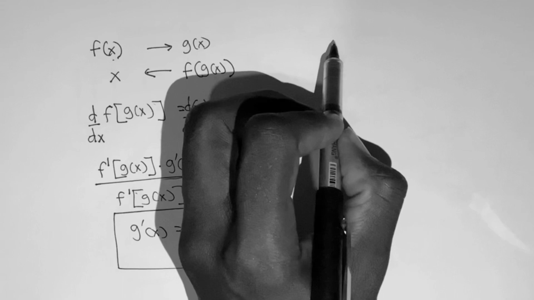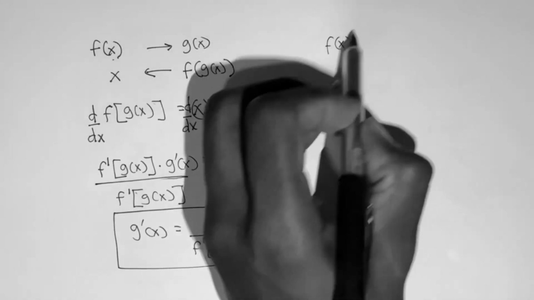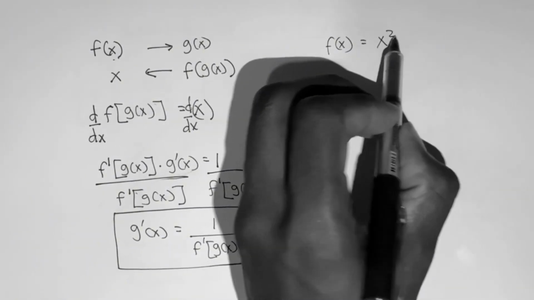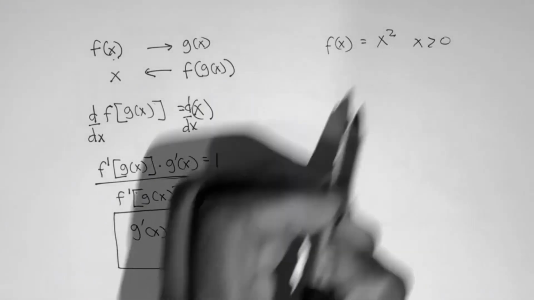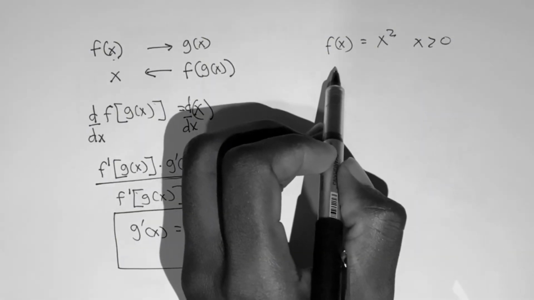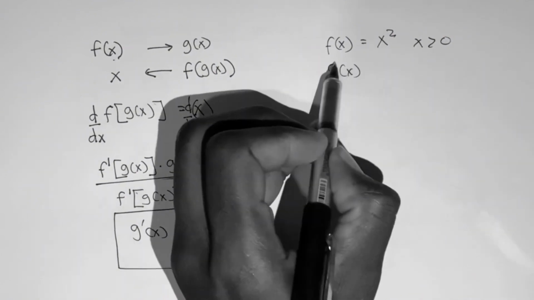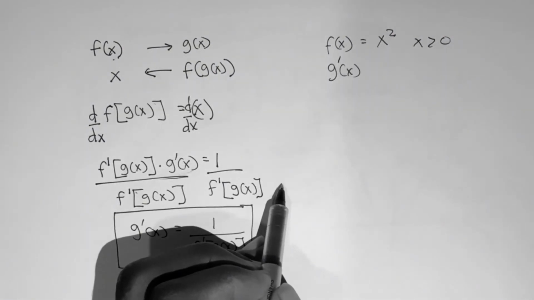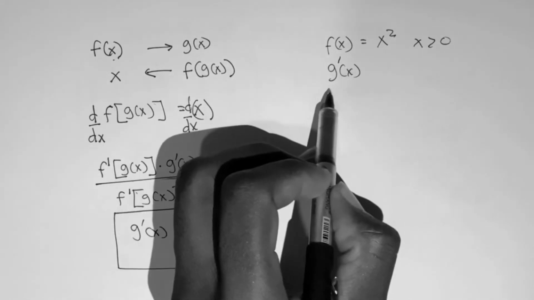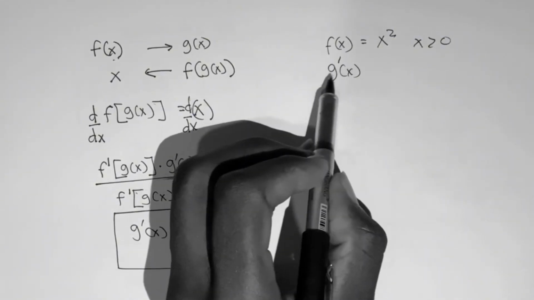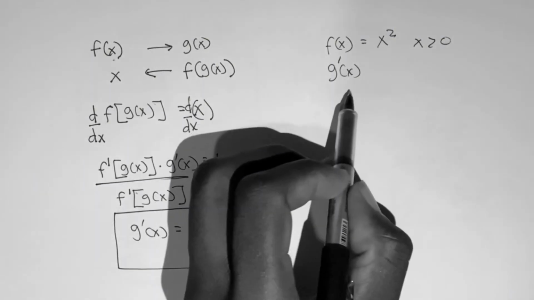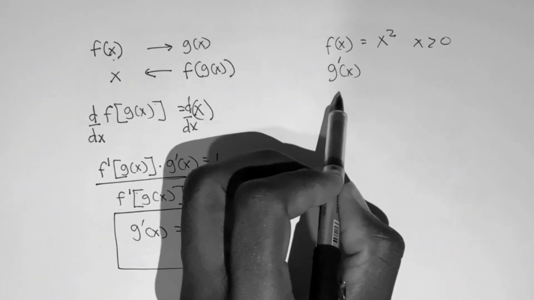So now let's assume that f of x is equal to x squared for x greater than 0. What is the derivative of the inverse, g prime of x? So now let's first find the inverse, which is g of x. So remember what we said.